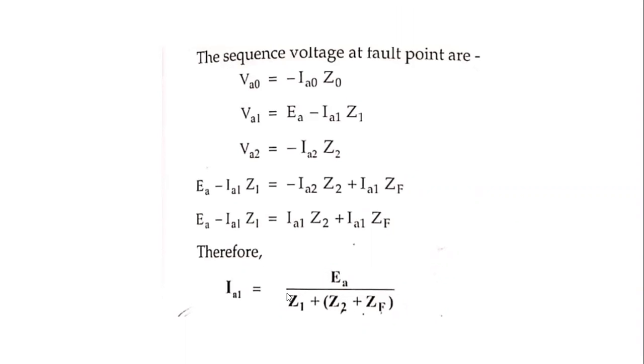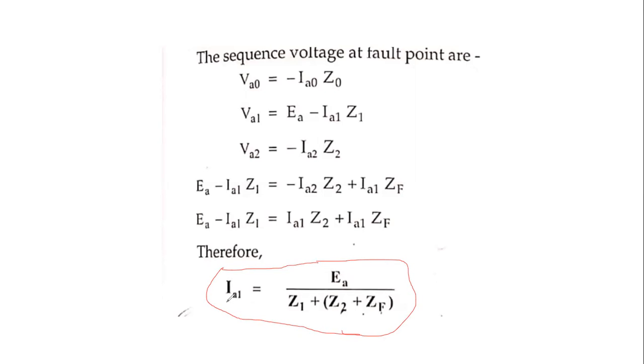And this is the fault current formula when a double line fault is obtained with fault impedance. Therefore, IA1 is equal to EA by Z1 plus Z2 plus ZF.